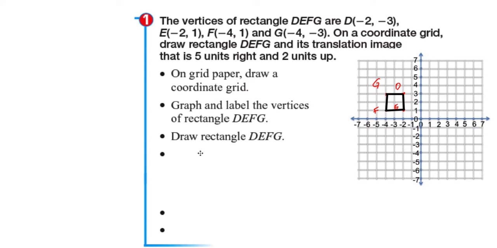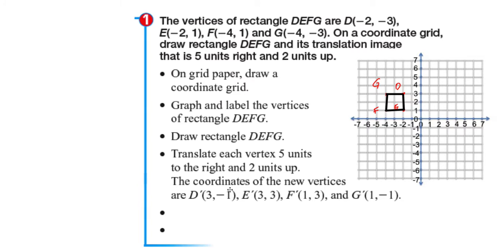Next, after drawing our rectangle DEFG, we need to translate each vertex 5 units to the right and 2 units up. Let's move point D 5 units to the right: 1, 2, 3, 4, 5, and 2 units up: 1, 2.